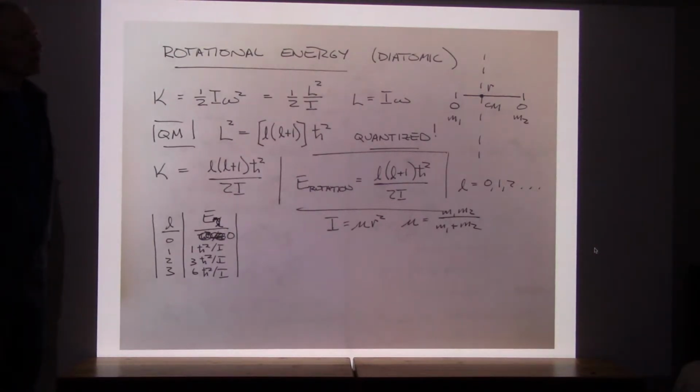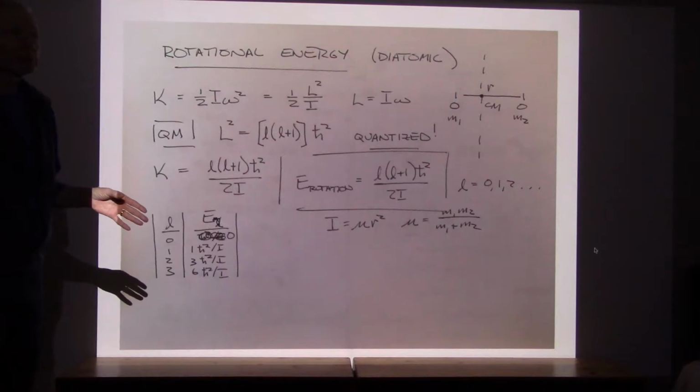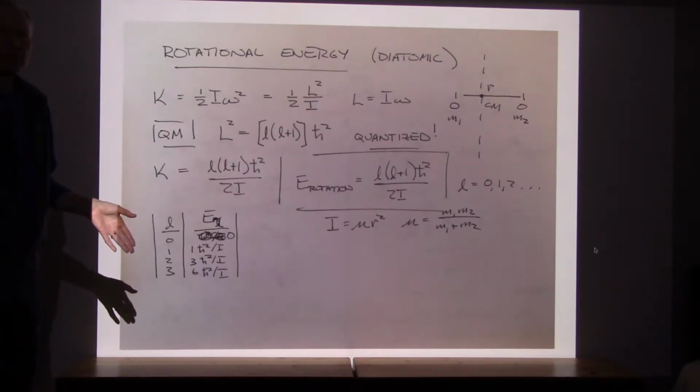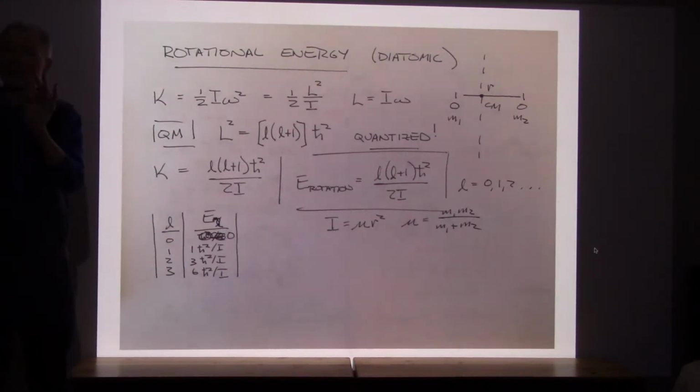Now you might be wondering, well, what about the monatomics? Don't individual atoms rotate? And they don't. So we don't have rotational energy states for individual atoms. In those cases, the nuclei are at the center, and there's essentially no rotational inertia.